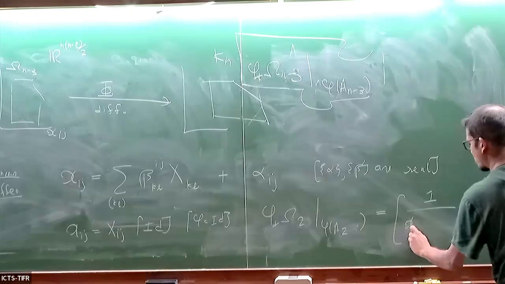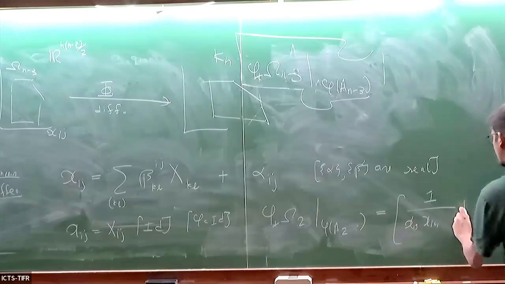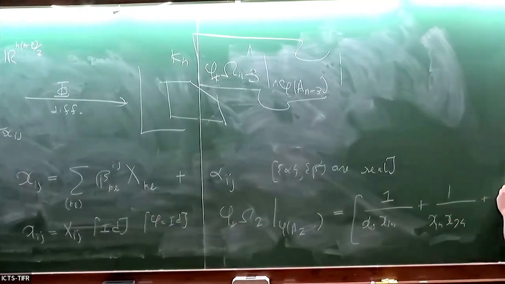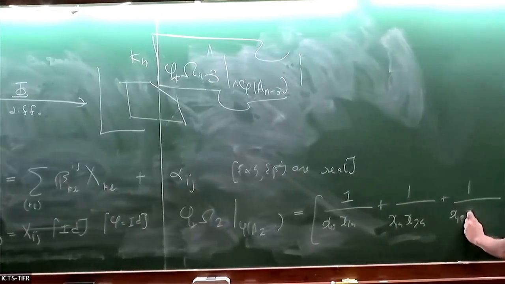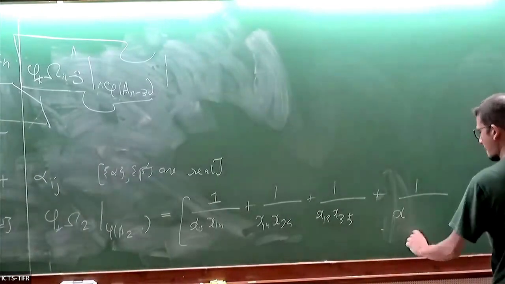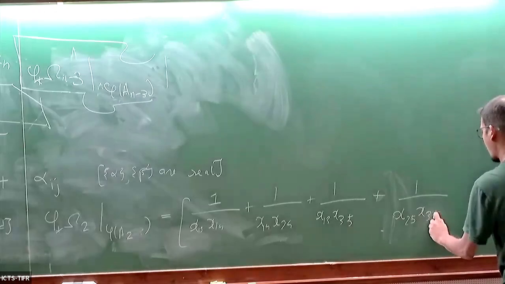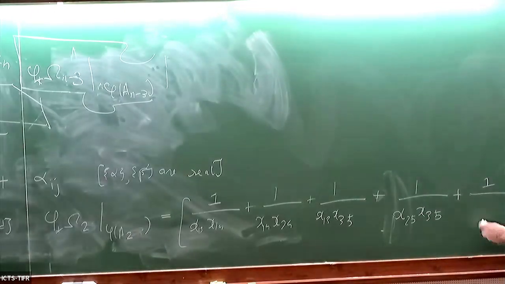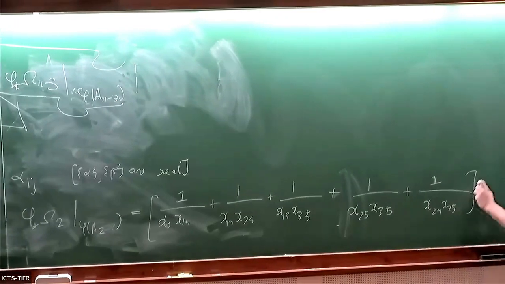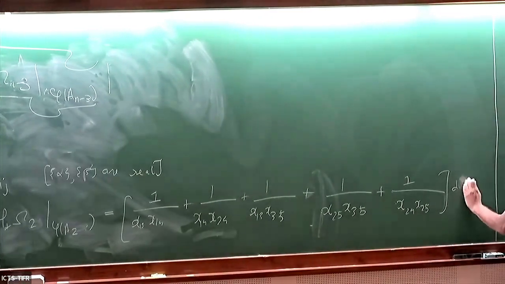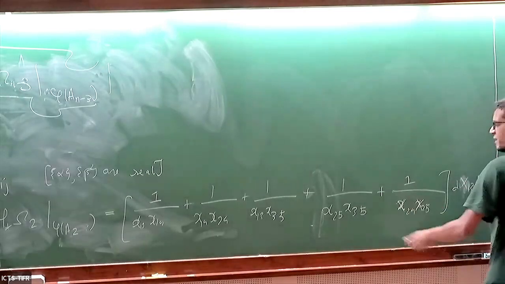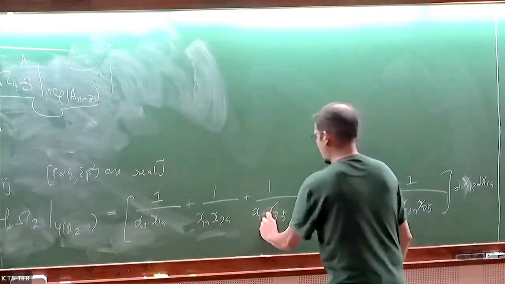So this thing turns out to be, there are 5 terms. Sorry, I should have written capital X, but because it's identity diffeomorphism, it doesn't matter.